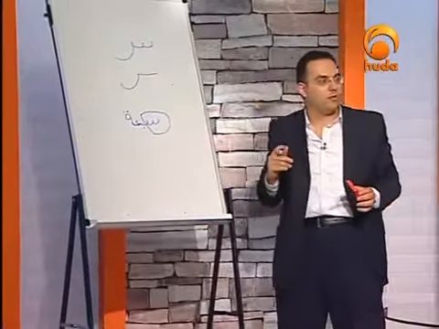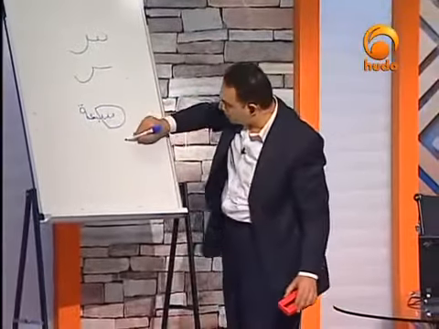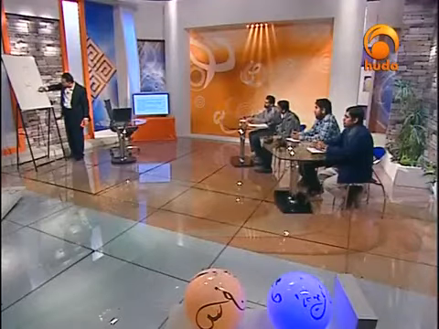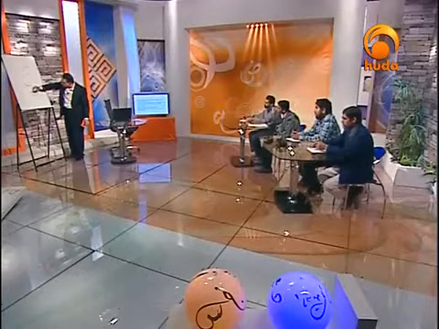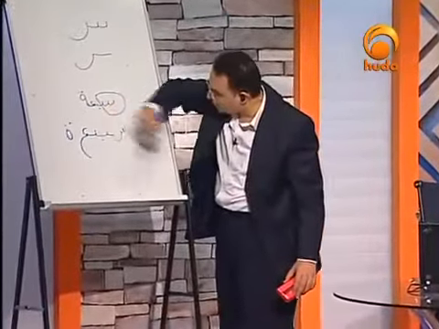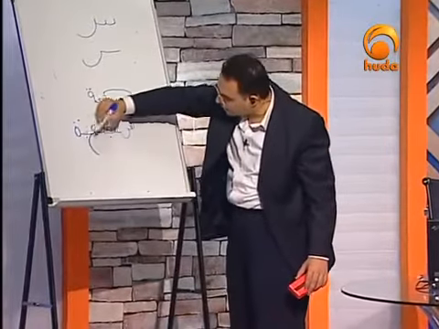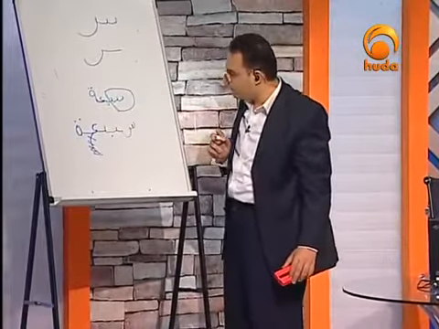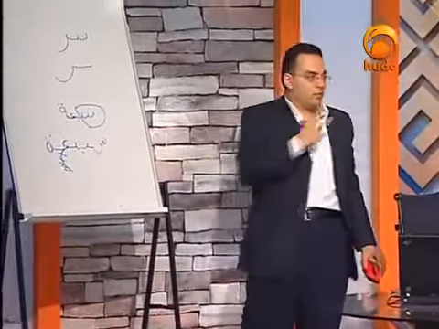So how many letters do we have in this word? Four. This is sa, this is ba, this is a, this is ta. Yes, four. So it comes here connected with the following one, and then it's connected here, and we remove that. So this is the initial position.